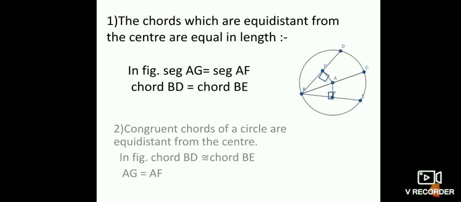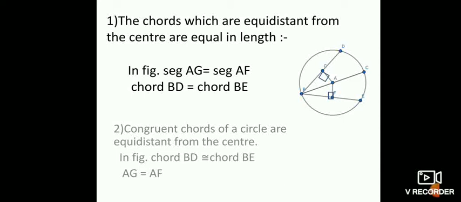It means in the given figure, two chords are given, the chords BD and BE, and we have drawn the perpendiculars from the center A, that is AG and AF are the perpendiculars drawn on the chords, and therefore these chords are equidistant.